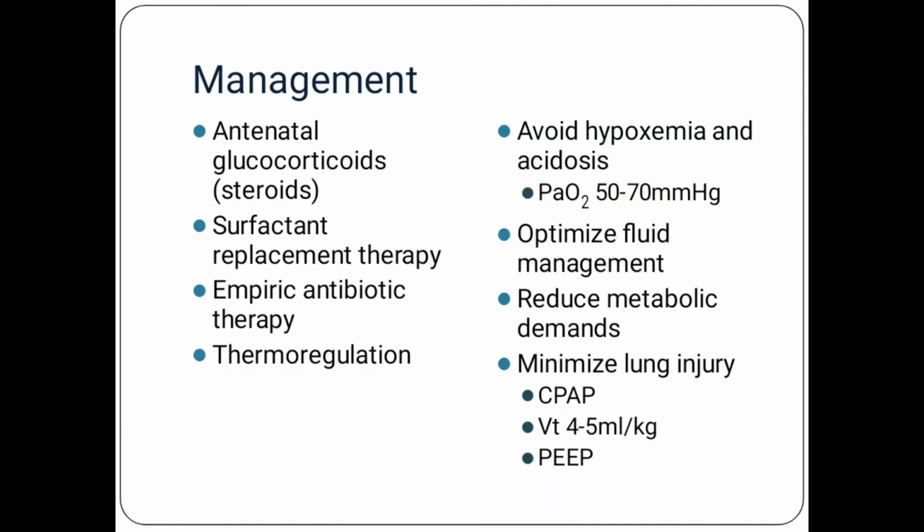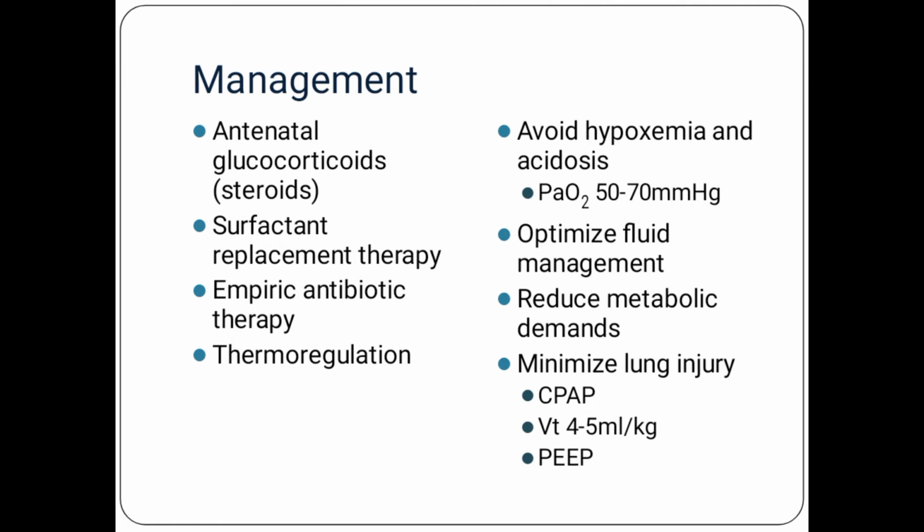Management includes antenatal glucocorticoids, that is steroids. We administer dexamethasone or betamethasone for preterm labor. If it's a planned elective LSCS, or if it is an emergency LSCS also, we can administer.